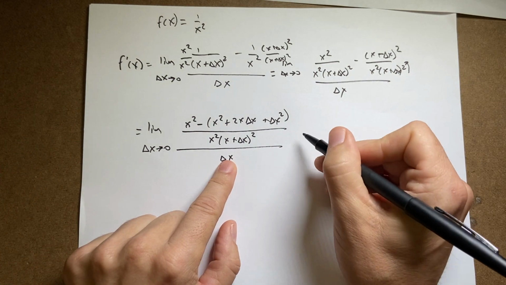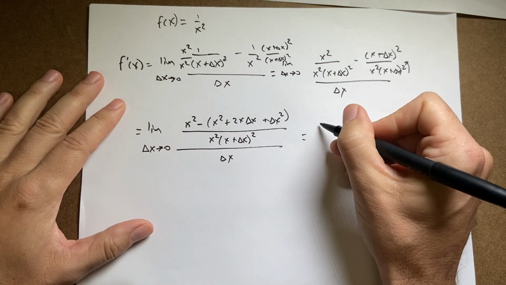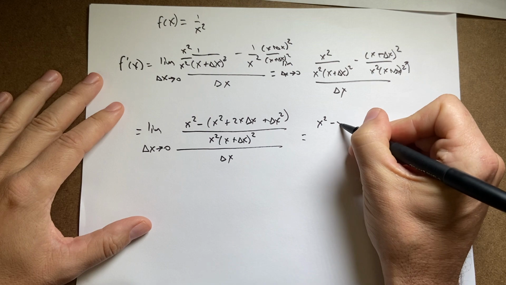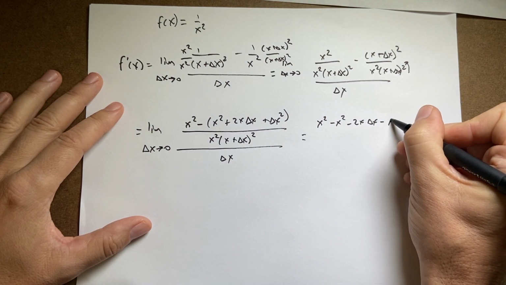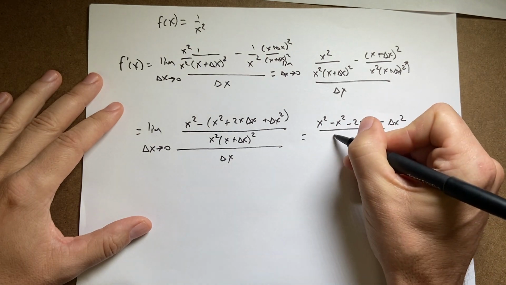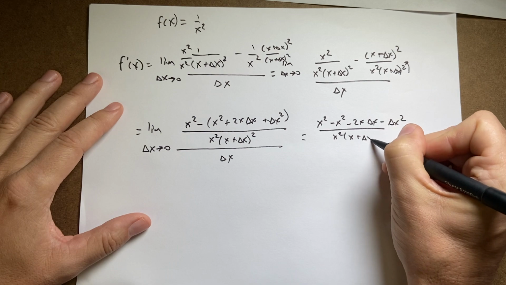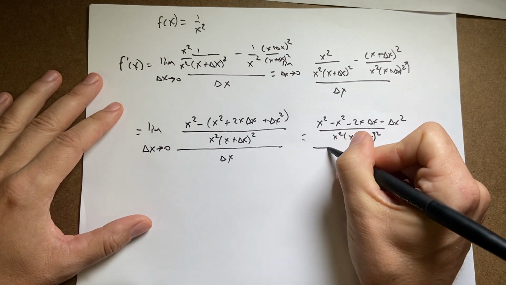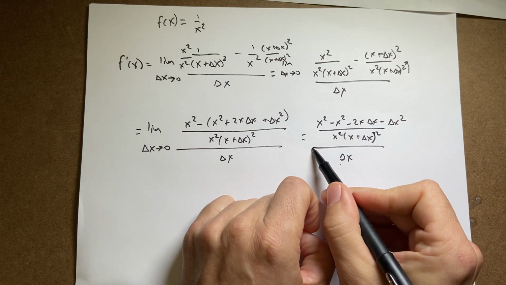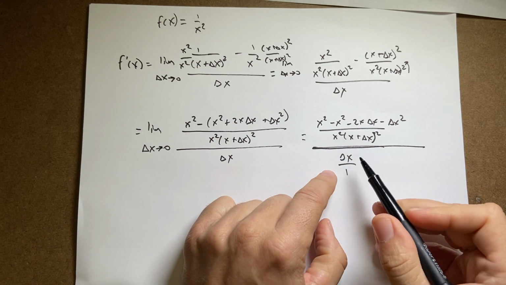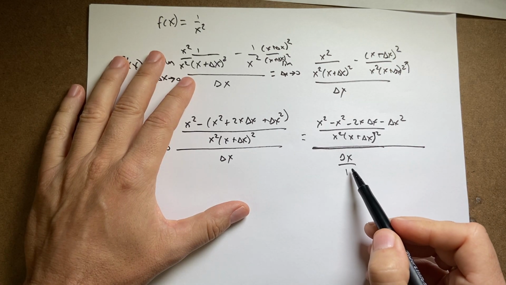So now let's do this again. If I distribute the negative sign, I get x squared minus x squared minus 2x delta x minus delta x squared, all of that over x squared times x plus delta x squared, all of that over delta x. This is a big fraction, and this is delta x over 1, so I can divide by taking the inverse.